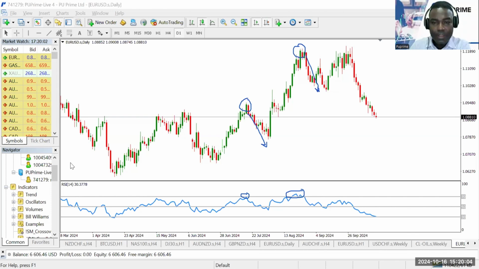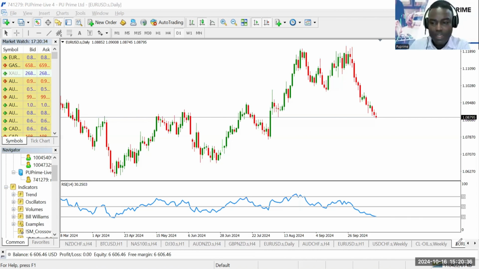And again, the 30 is oversold. So whenever you see price hit RSI 30, then you expect price to reverse from selling rather to buying. So currently price is around RSI 30. So we expect a possible bullish movement on the price. So that's how to use the RSI 70 and RSI 30.